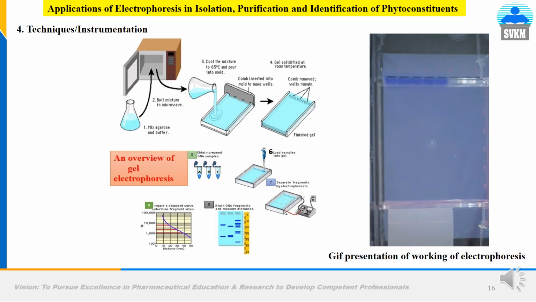The only thing, students, you need to understand is that compounds which contain some anionic or cationic character, like proteins, nucleic acids, and amino acids from the plants, can be easily separated, isolated, and identified by electrophoresis. You can opt for any one of the 12 methods based upon your mode of application as well as mode of sample.